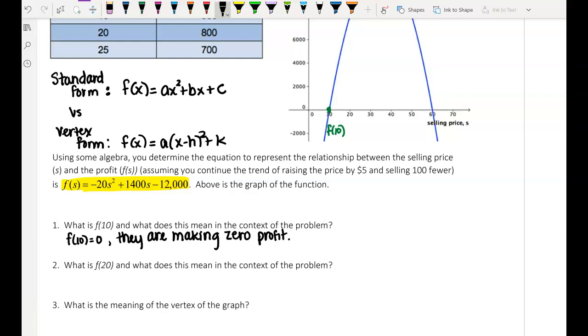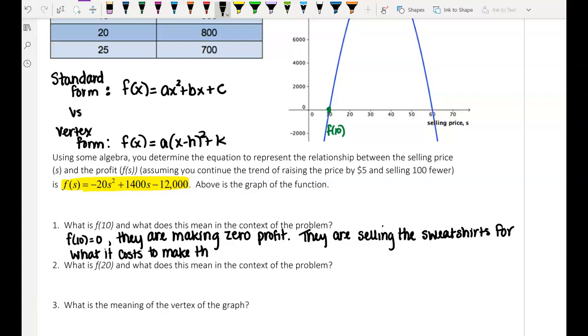They are selling the sweatshirts for what it costs to make them. So that's what at $10 selling, we have 0 profit. So f of 10 equals 0.